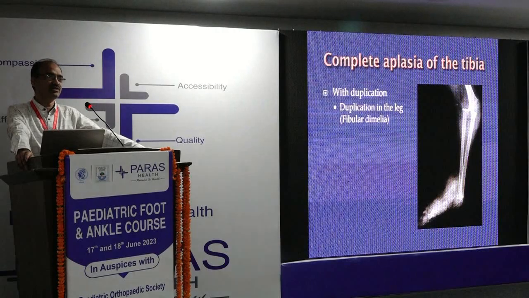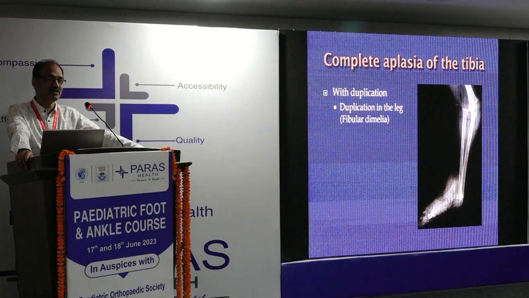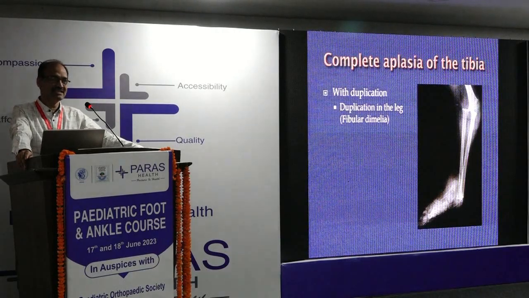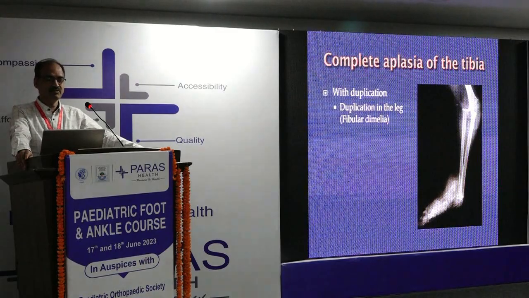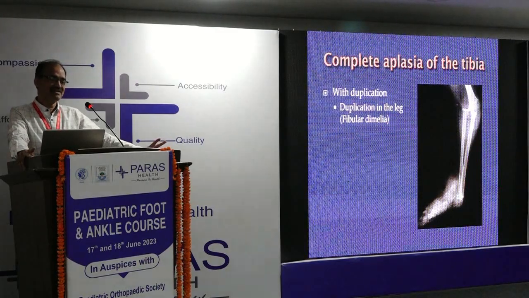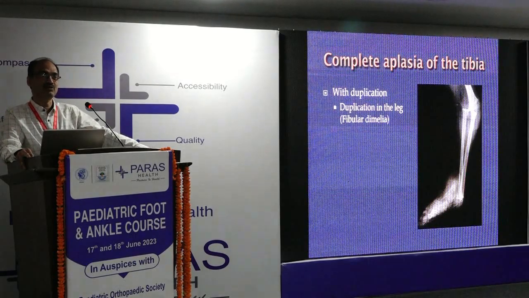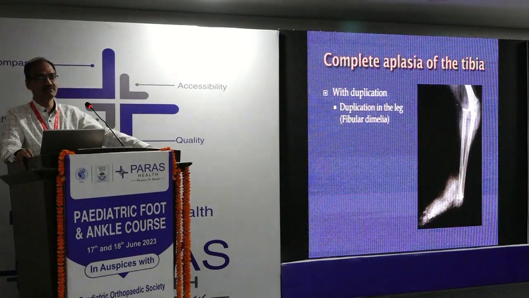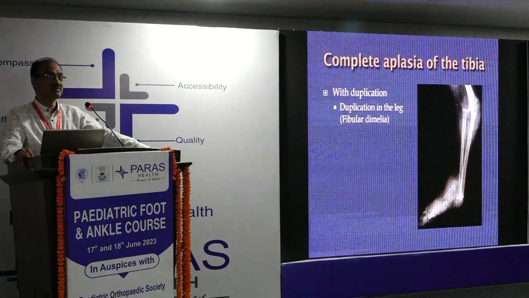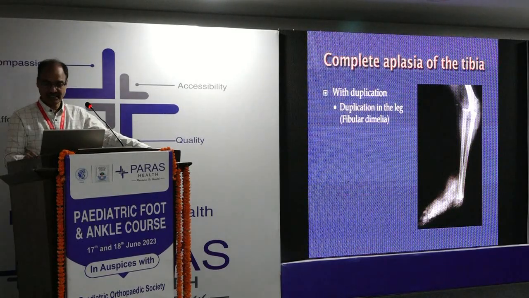It is exceedingly rare to have duplication of the fibula, which is called fibular dimelia. This is a case where the tibia is completely absent, but the fibula is double. Where the fibula is double, it is common for the lateral rays to be duplicated: double calcaneum or sometimes double cuboid, and there is a lateral metatarsal.